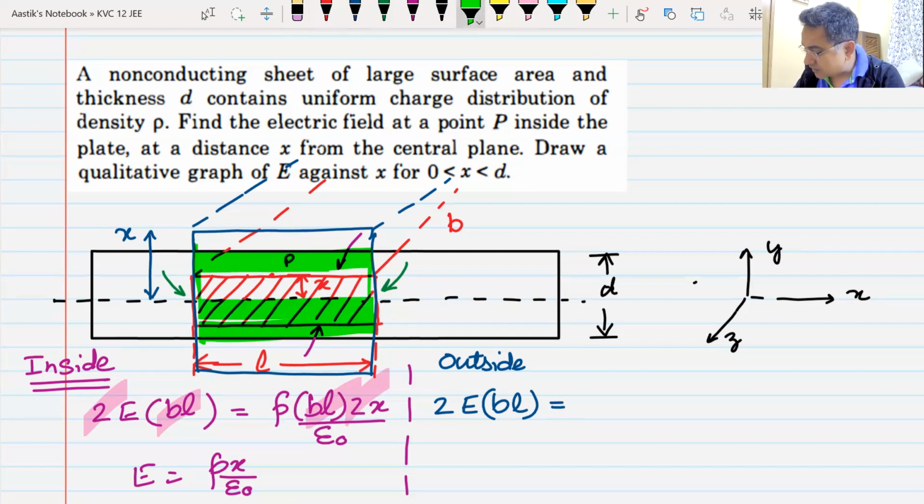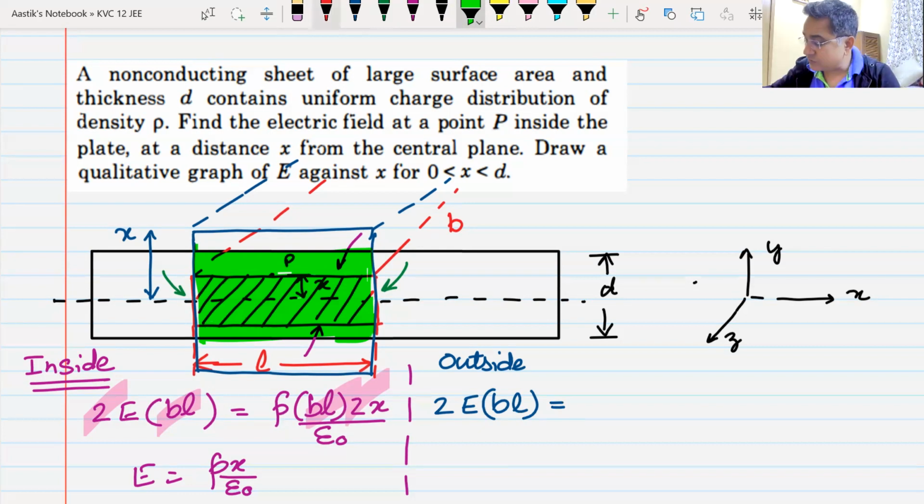This is the only charge that has been enclosed by this. And as you can see, it has got nothing to do with the length X, because charge only comes in the sheet, and the sheet has a thickness of D.